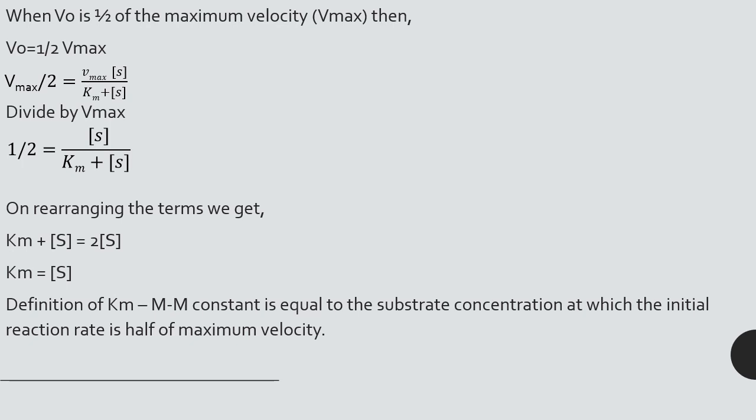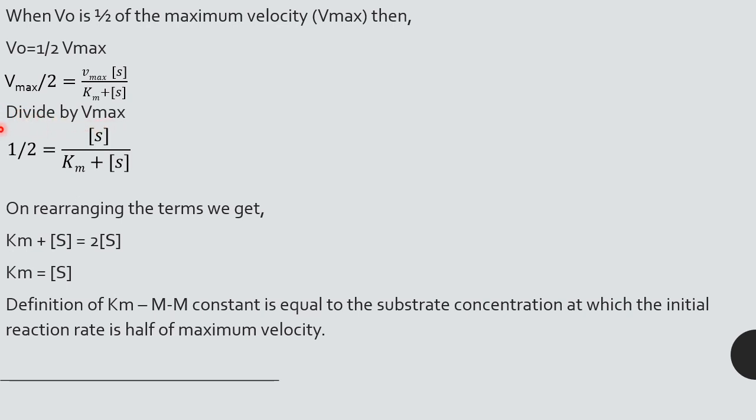But when the initial velocity V0 is exactly half of the maximum velocity, then we get the following equation: V0 is equal to half Vmax. Now substitute the value of V0 from equation 12, we get Vmax upon 2 is equal to Vmax into substrate concentration upon Km plus substrate concentration. Now divide the above equation by Vmax on both sides.